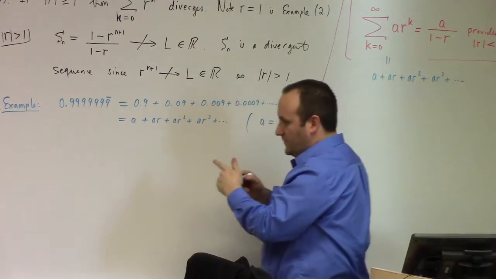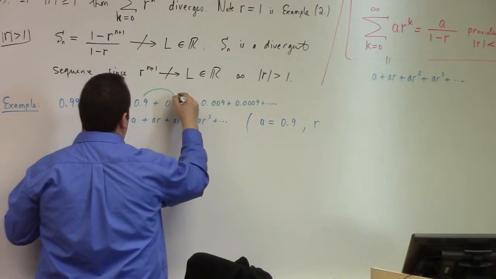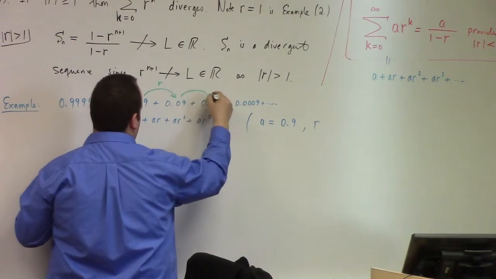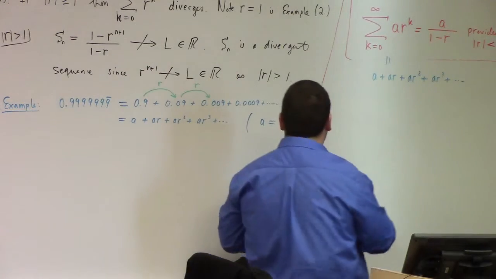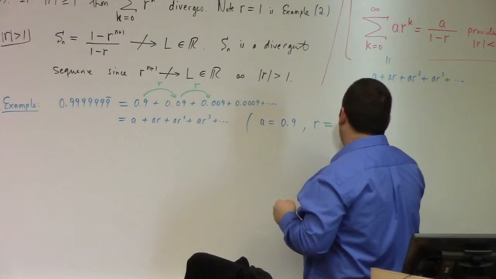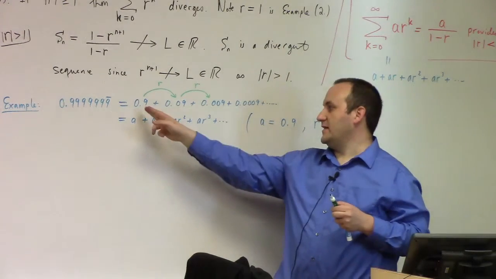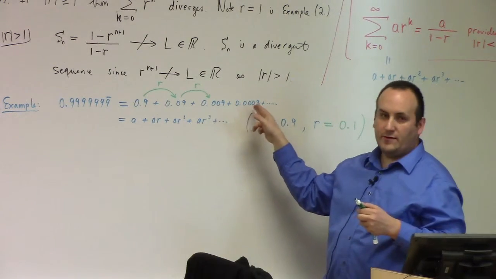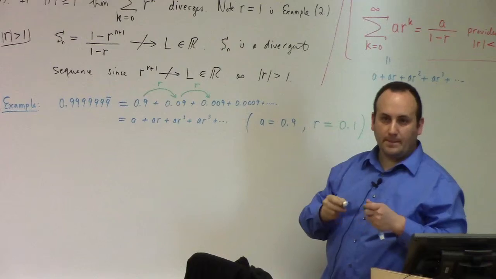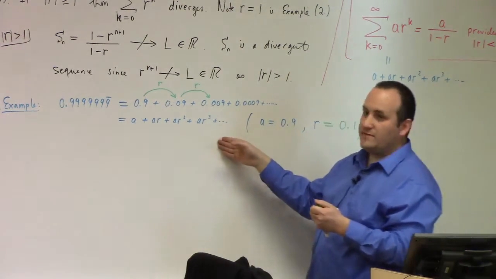Whatever it takes to get from one term to the next multiplicatively is the r. Multiply by r has to get me to here, and multiply by r again to get me to there, and so forth. I heard r equal to 0.1. Do you guys agree? 0.9 times 0.1 is 0.09, times 0.1 is 0.009, and so on. We have proved that such a geometric series converges.